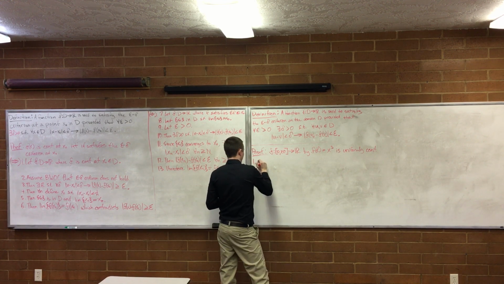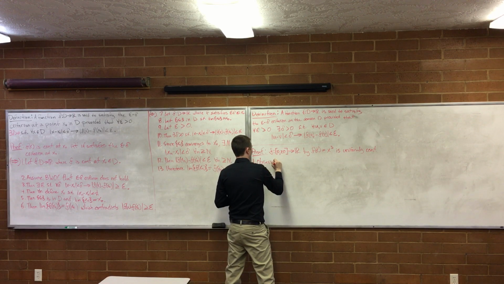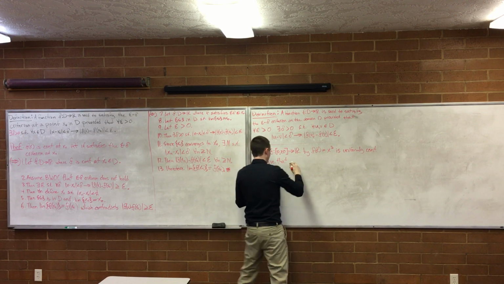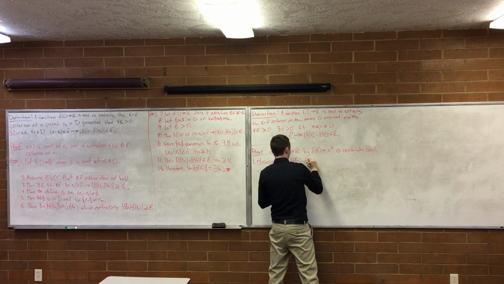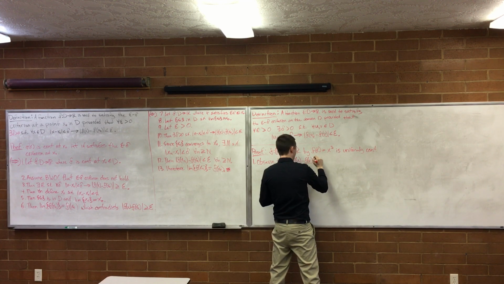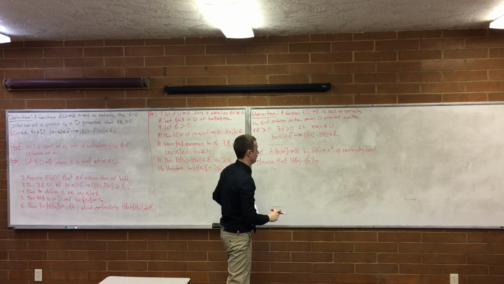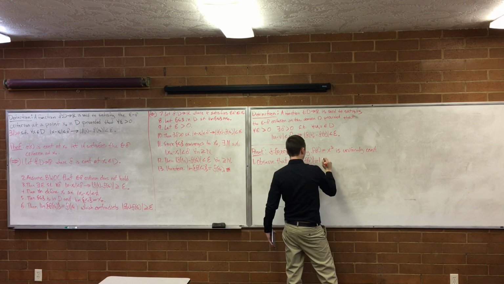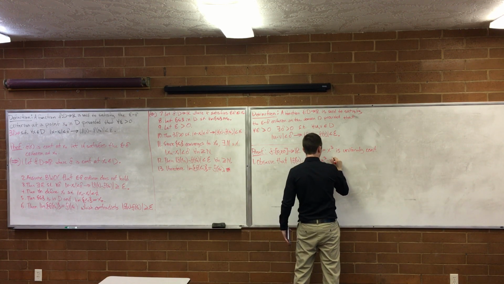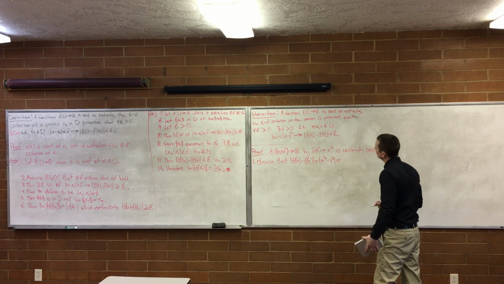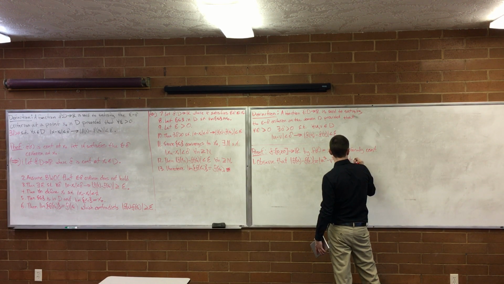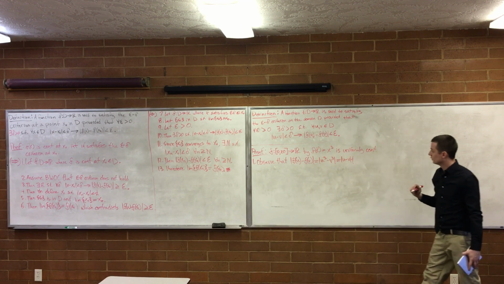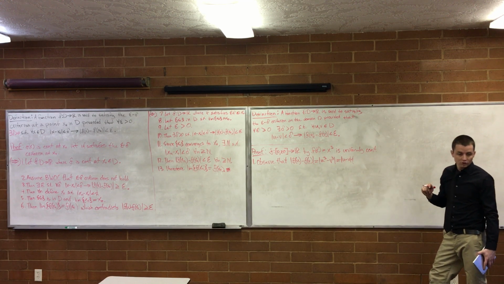Okay, so one, observe that the absolute value of f of u minus f of v is equal to the absolute value of u cubed minus v cubed, which is equal to, factor out our u minus v, the absolute value of u minus v times the absolute value of u squared plus uv plus v squared.